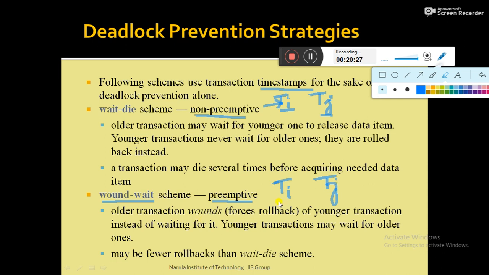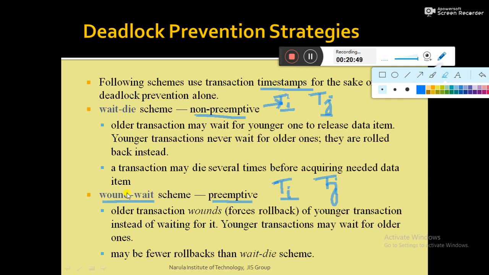The same thing happened: Ti is requesting a data item which is already held by Tj. Means Tj is currently executing and already holds a data item, and the same data item is requested by transaction Ti. So here the requesting transaction is Ti.